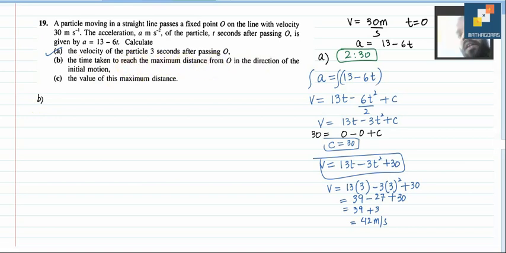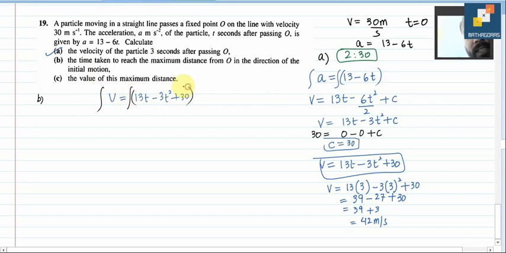Firstly, I need to find the expression for distance, and we have the velocity expression, that is 13t minus 3t squared plus 30. We need to integrate the function to find distance. So that will be 13t squared upon 2 minus 3t cubed upon 3 plus 30t, and then the constant d.